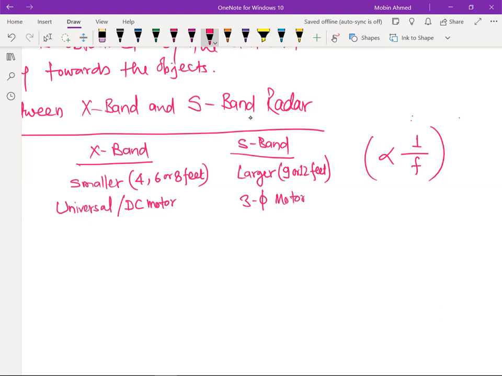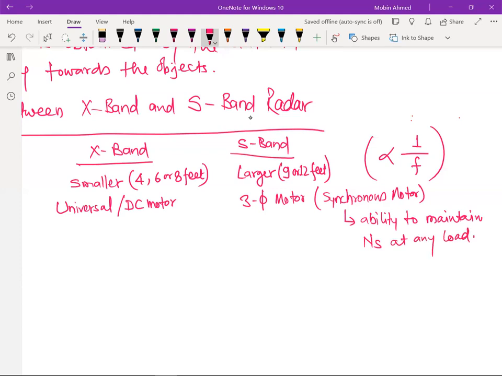And if the scanner is very big, then this is generally a synchronous motor. Why the synchronous motor? Because a synchronous motor has the ability to maintain Ns, that is the synchronous speed, at any load.